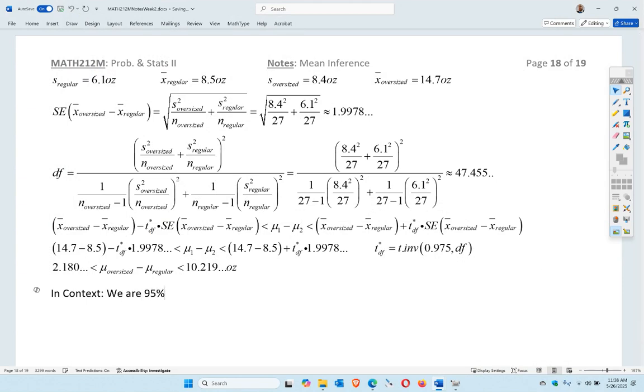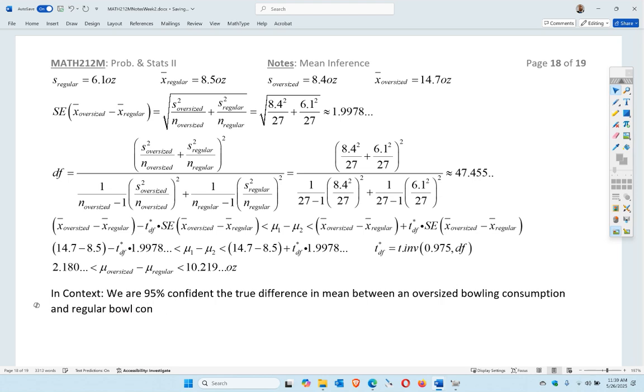We are 95% confident the true difference in mean between an oversized bowl consumption and regular bowl consumption falls within the confidence interval, right?